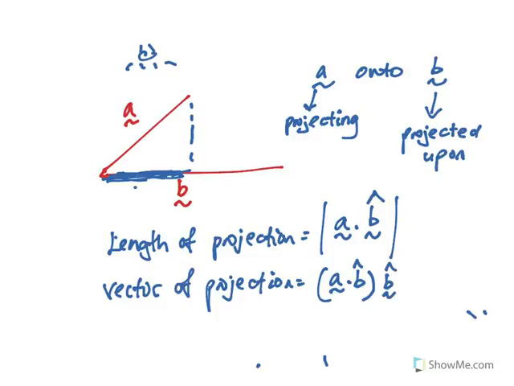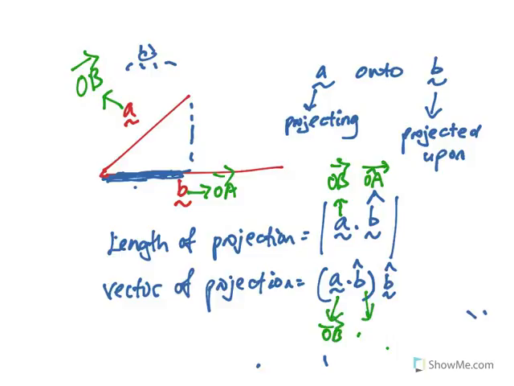Now for this question, we are looking at the projection of OB onto OA. If we use this formula, it will be OB dot OA hat.